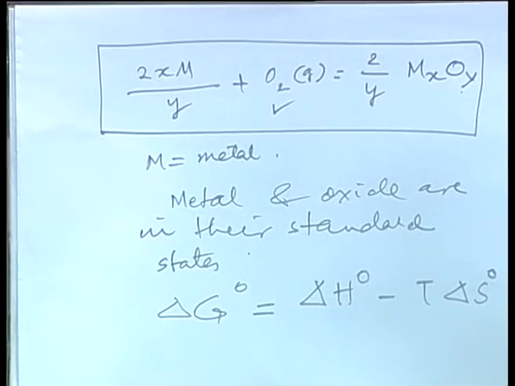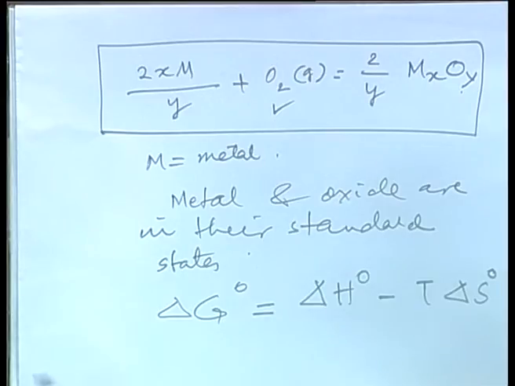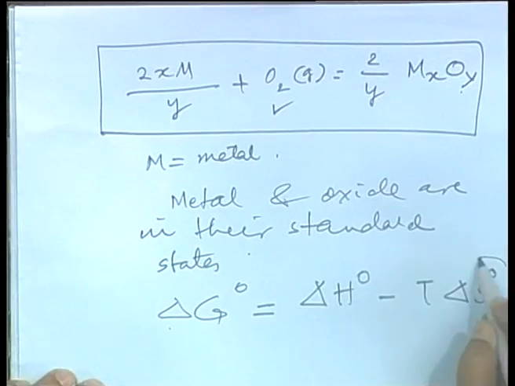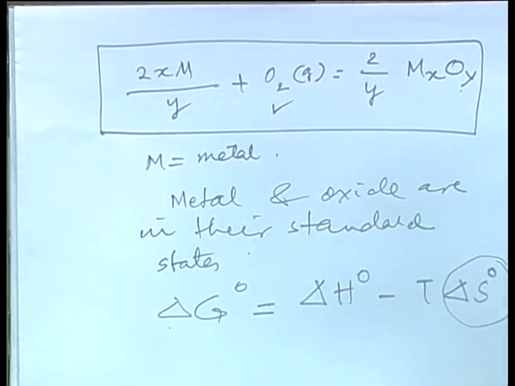I will not explain why they do not change with temperature. They more or less remain independent of temperature. This is the equation of every line. So, delta H naught is the intercept, delta S naught is the slope.